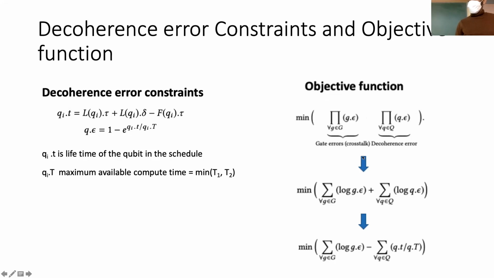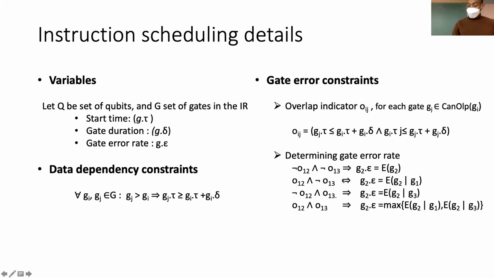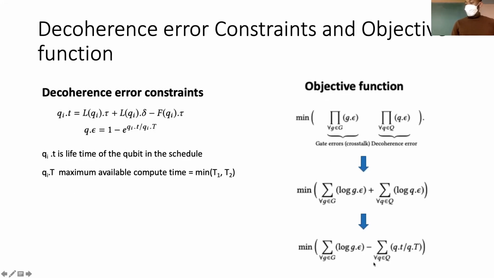Since it has some sort of exponential, in order to solve it with SMT optimization, we need to linearize this equation. So they took the logarithm of this equation and got the following objective function.